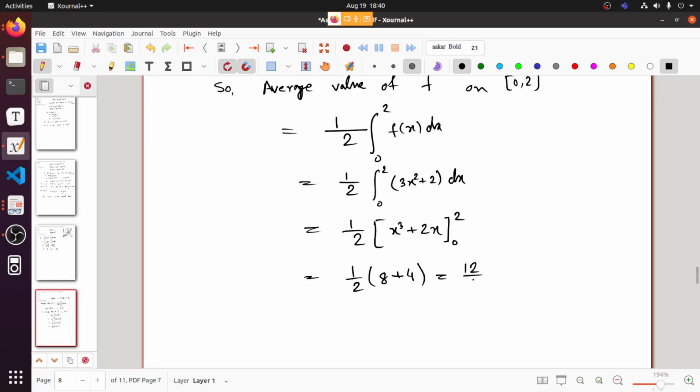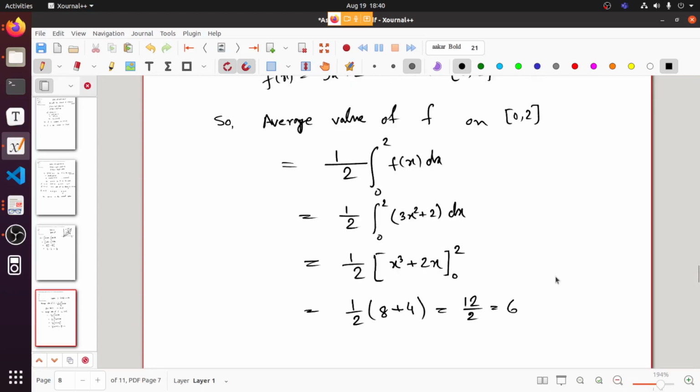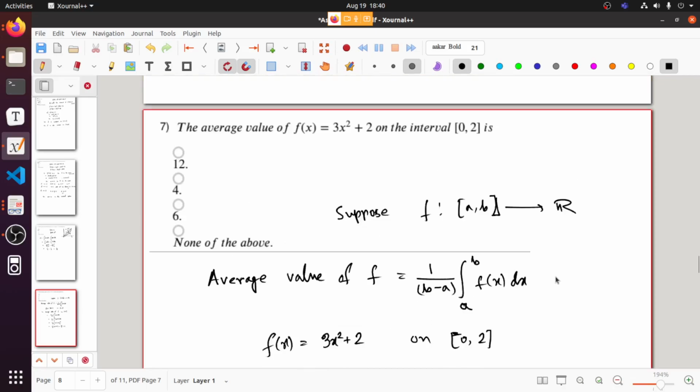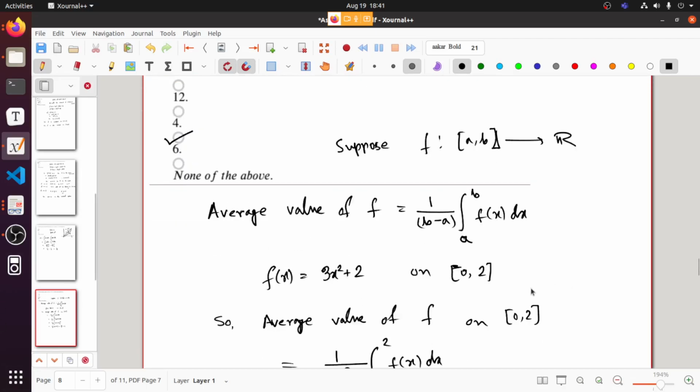So 12 by 2 means 6. So the average value of f, we get 6. So 6 is the average value of f in the interval 0 to 2. So option 3 is correct, right? Is this fine? Okay. So let's move to the next one.